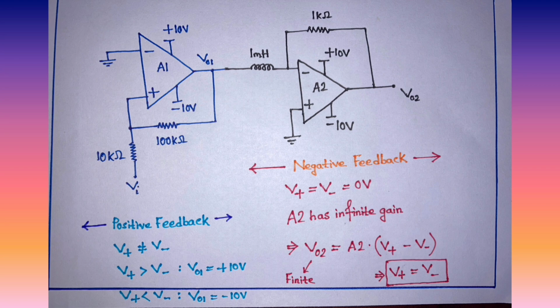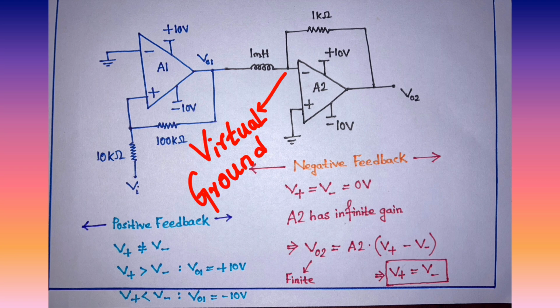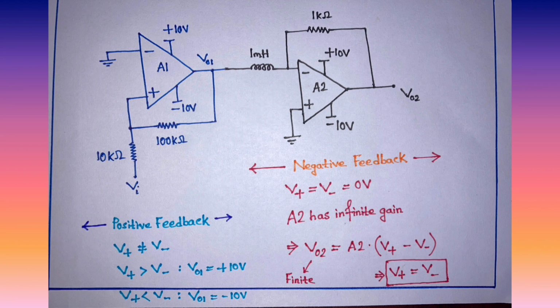Which means your V plus and V minus are equal, and that is equal to 0 because your V plus is already connected to ground, so your V minus will also be 0. So this is the fact that there is also a virtual ground at the inverting terminal. This concept we are going to use while finding out VO2.